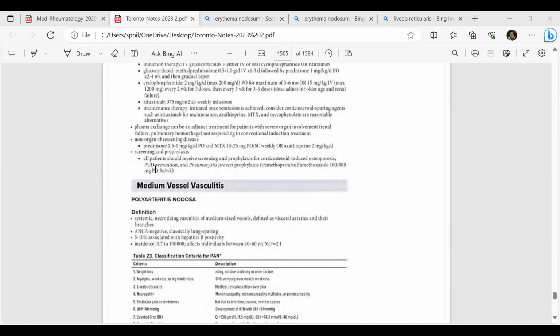Screening and prophylaxis: all patients should receive screening and prophylaxis for corticosteroid-induced osteoporosis, PUD prevention, and pneumocystis prophylaxis, trimethoprim sulfamethoxazole. Okay, this is the prophylactic treatment which we will give to all the patients.